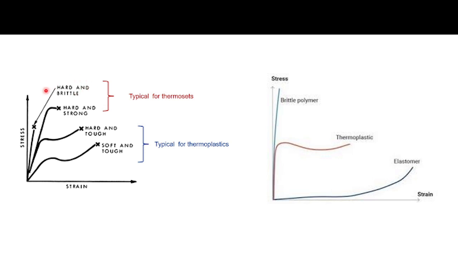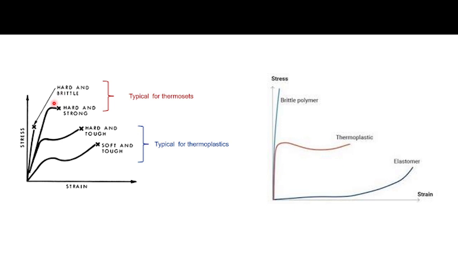These are the properties of a hard and brittle material, because it does not have any toughness. When we apply load, the strain will be very low and it will sustain more load.